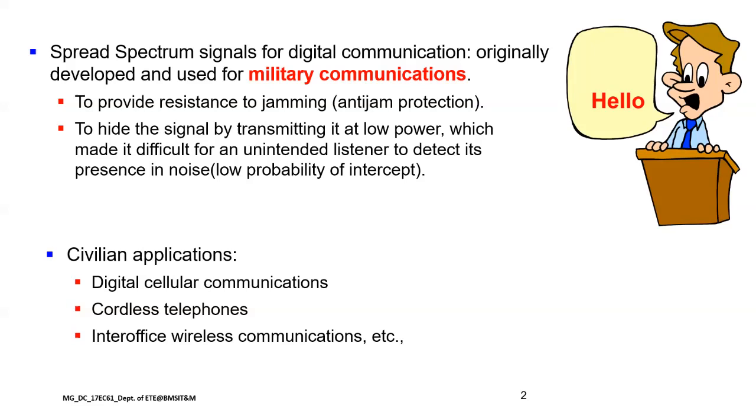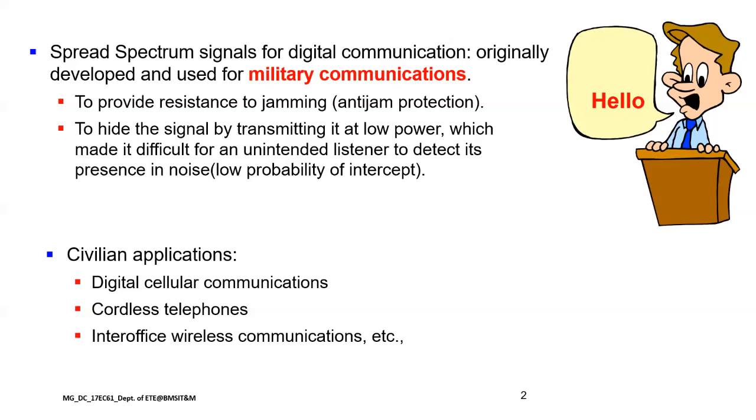You might have heard about CDMA 1, CDMA 2000, the 2G and 2.5G standards, and even WCDMA, wideband code division multiple access, and so on. It is also used in cordless telephones and in inter-office wireless communications. These are a few general applications of spread spectrum communication.